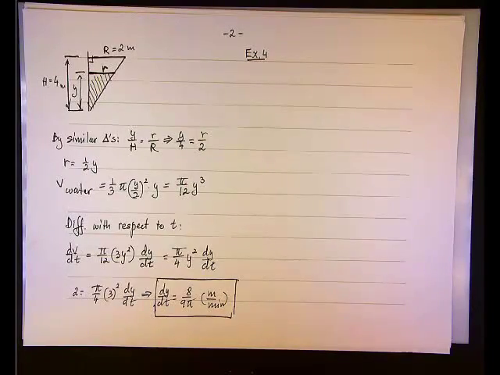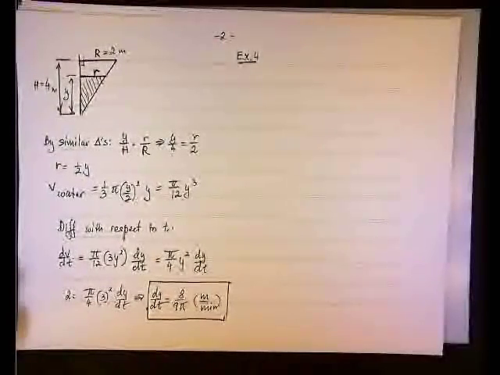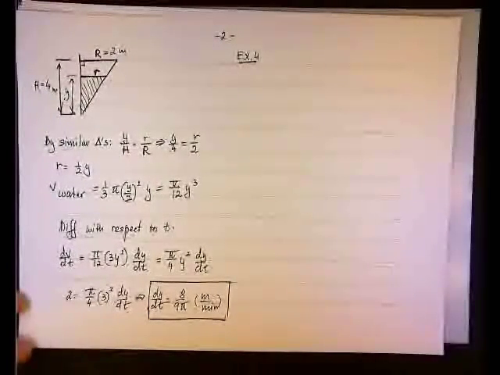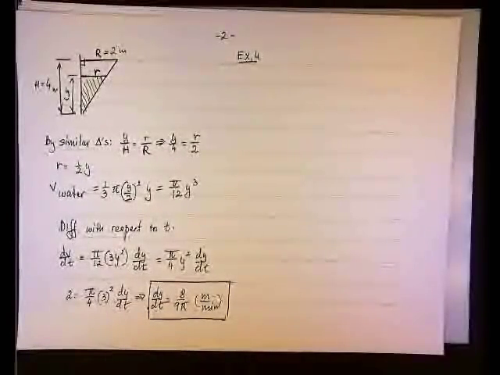In this example, we're going to look at cars that are moving perpendicular to each other. And we're going to ask at what rate the distance between the cars is changing, or what is, for instance, the relative velocity between the two cars.